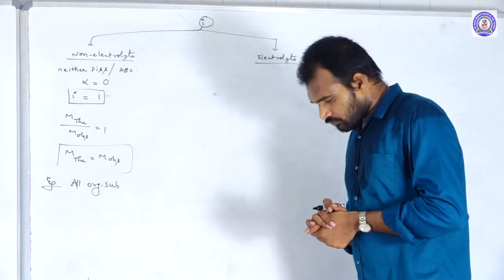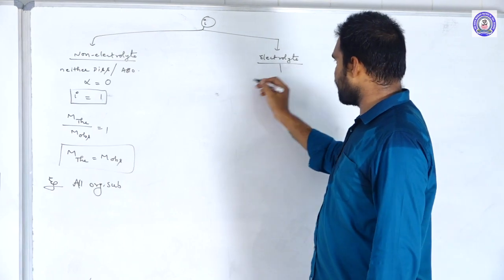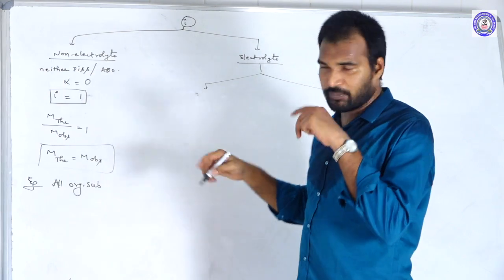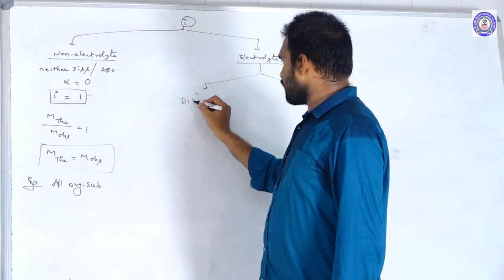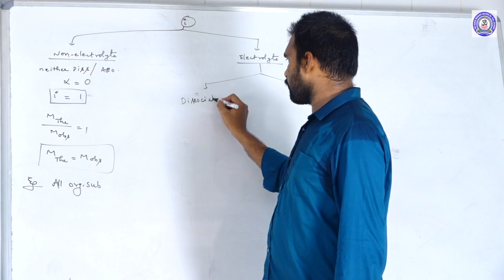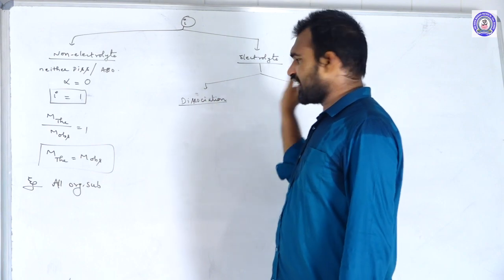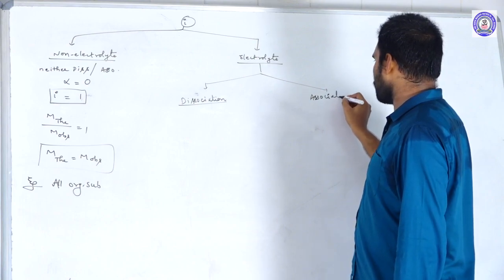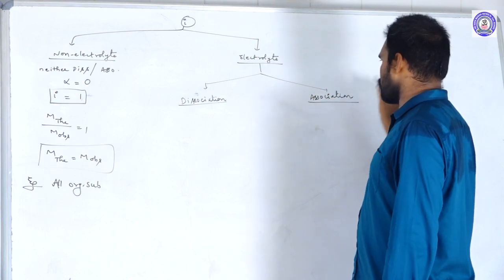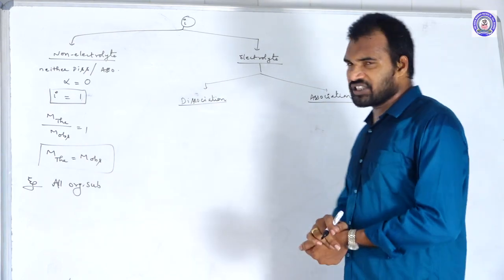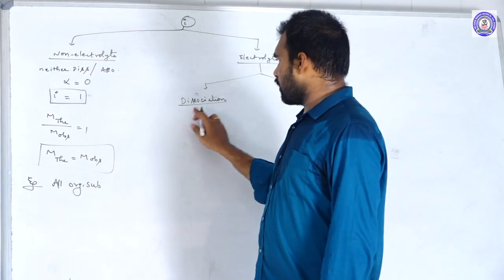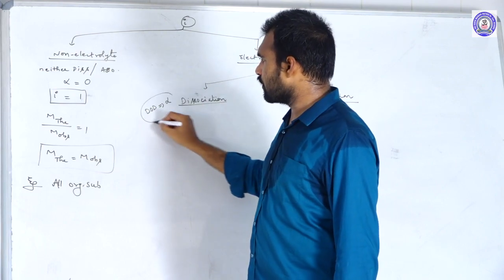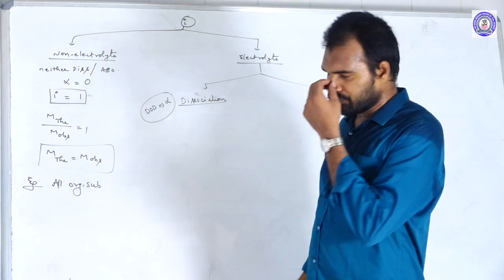So these electrolytes I am further dividing into two types, based upon the phenomenon, whether they are dissociating or associating. For dissociation, let us consider the degree of dissociation, alpha.